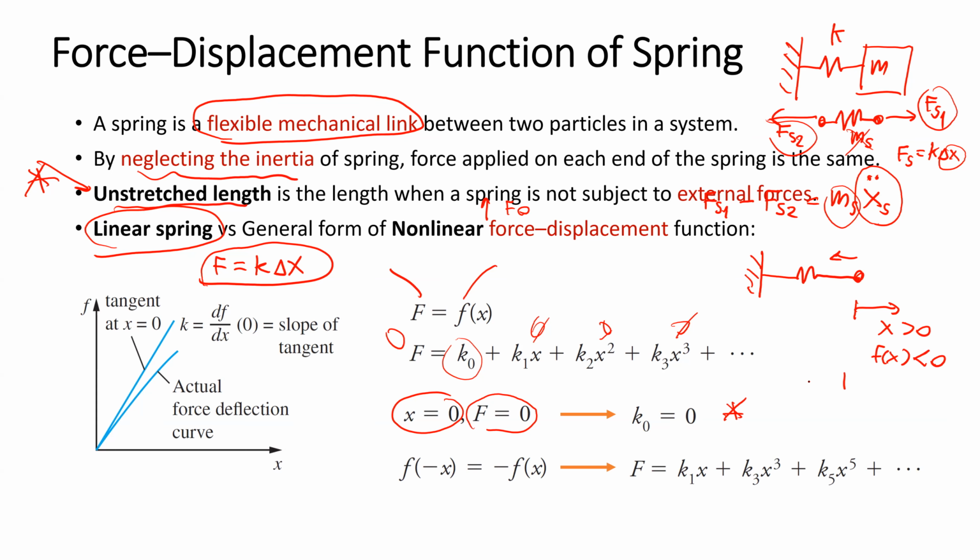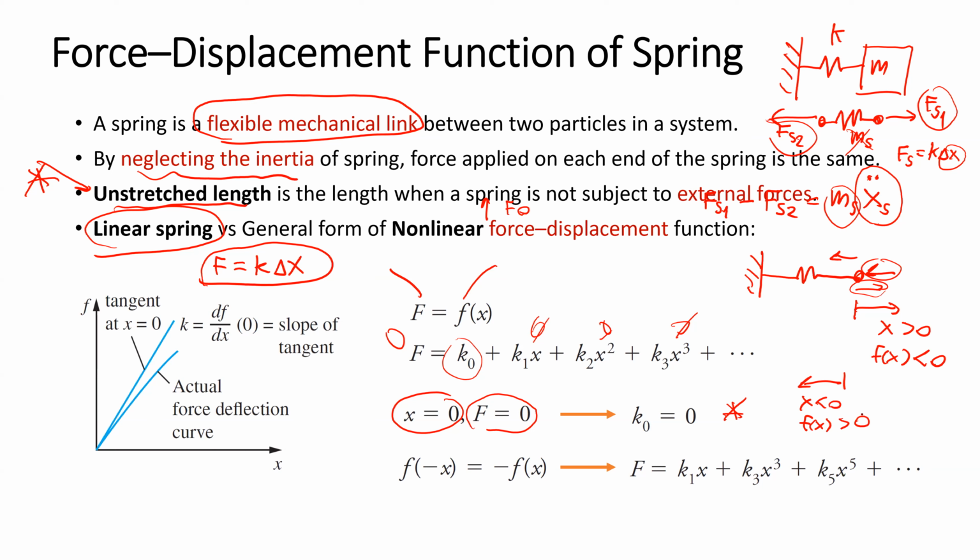But when we push the spring to the left-hand side and the displacement is less than 0, the force generated by the spring will be to the right-hand side. When we compress the spring, the force will be in the opposite direction.